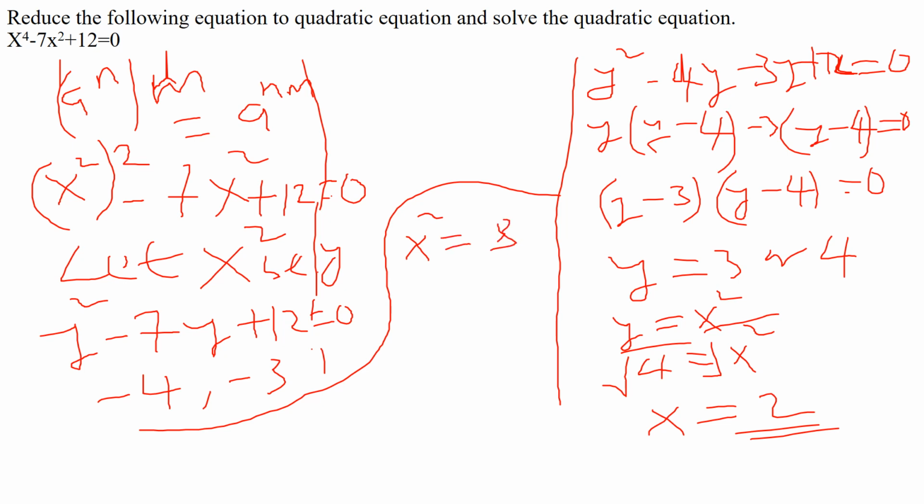I can also get the square root of this, or else introduce the log on both sides, because I know that log y raised to power n is the same as n log y. So in this case I can just say that 2 log x is equal to log 3.